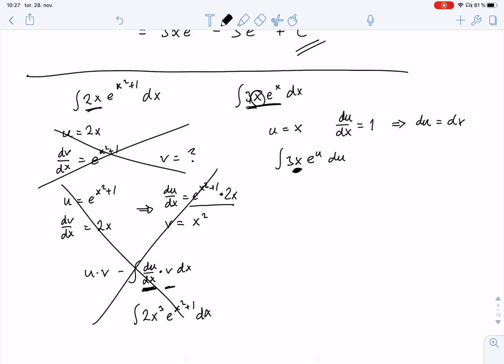So that's why I'm trying to see, before I use substitution, if the derivative of u is elsewhere in my integral as it is on this one.